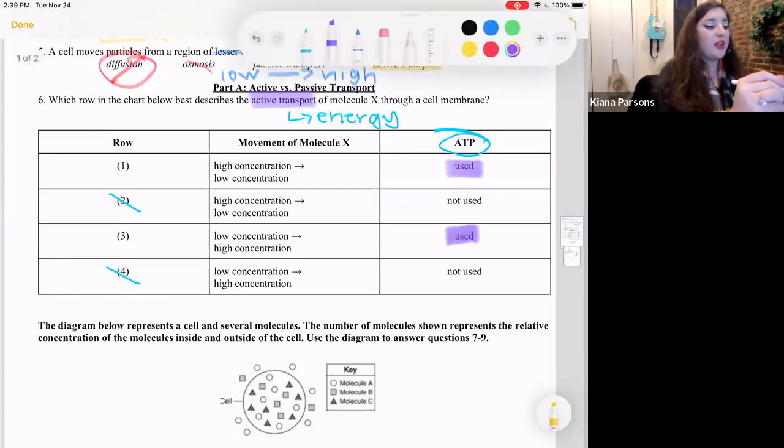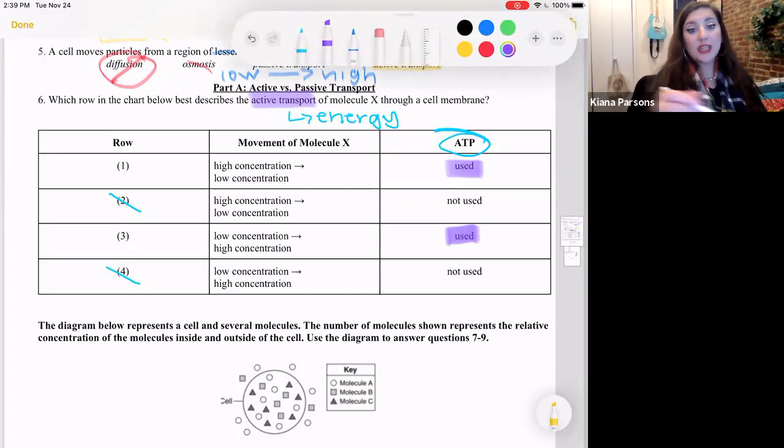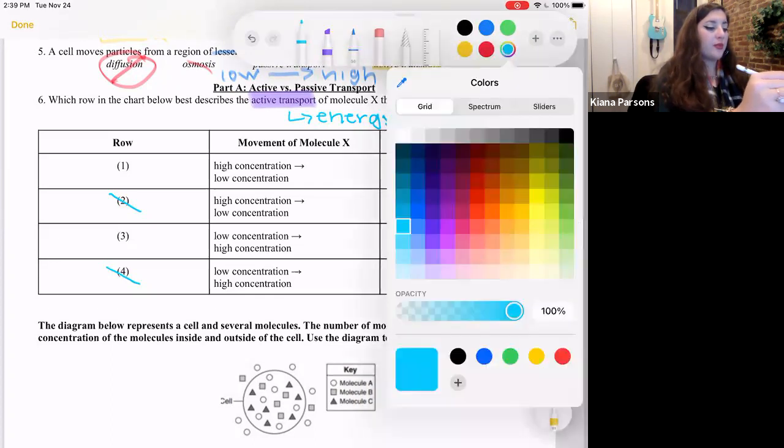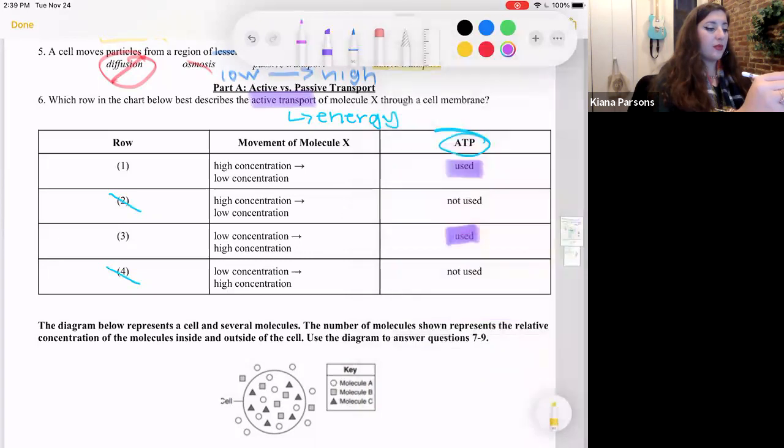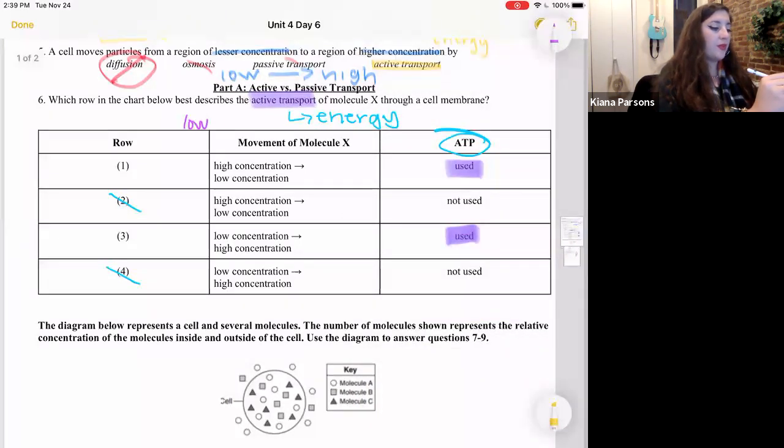And as far as the movement of the molecules, active transport is the opposite of diffusion. So we're going from low to high, right? The opposite of diffusion. So the movement of molecules is from low to high.